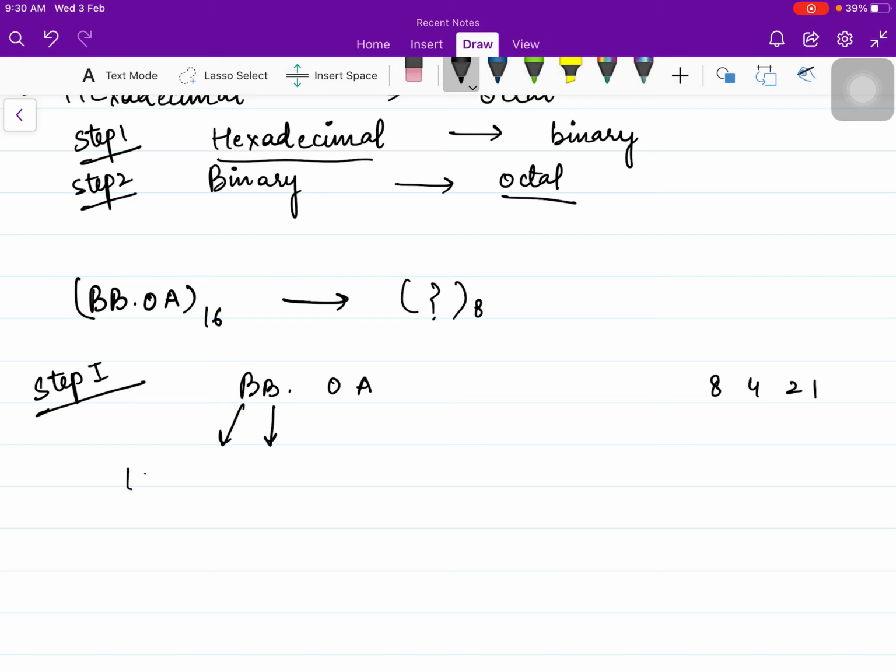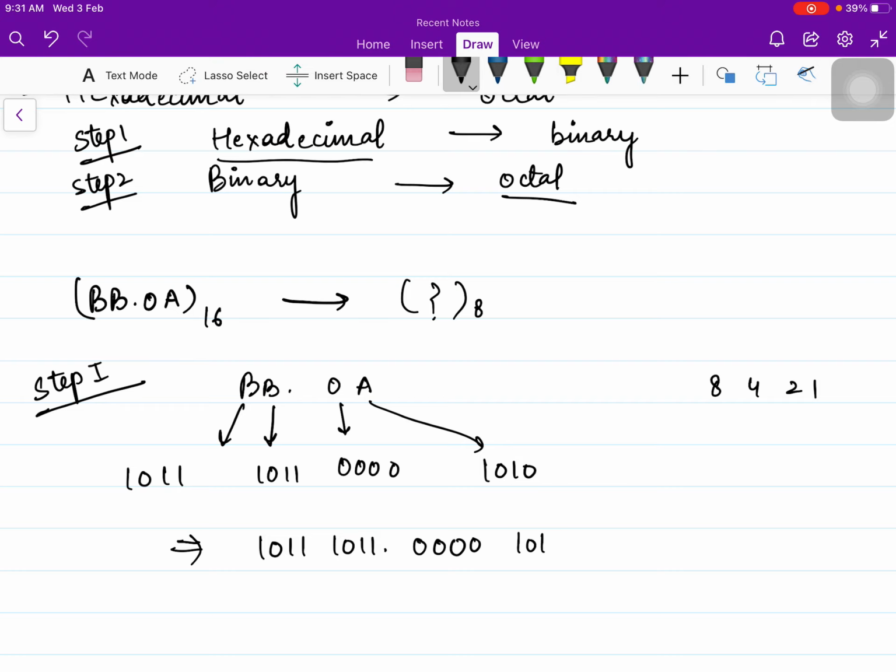So for 11 it is 1011, 1011. For 0 it is 0000 and for A, which represents 10, it will be 1010. So the answer is 1011 1011.0000 1010. This is in binary.